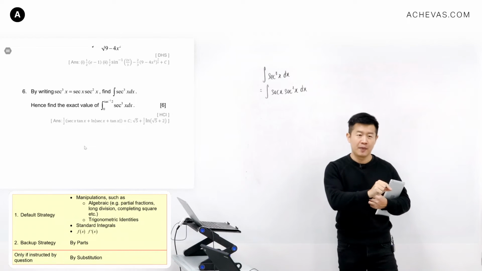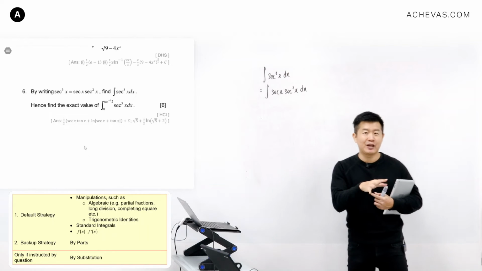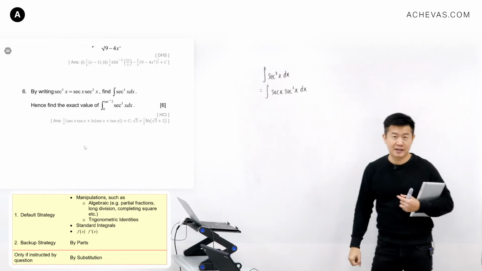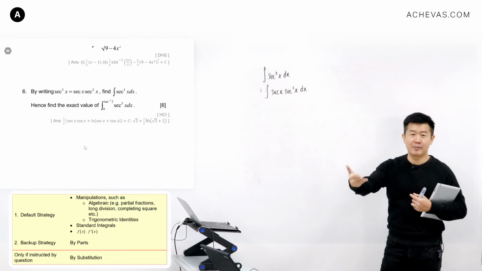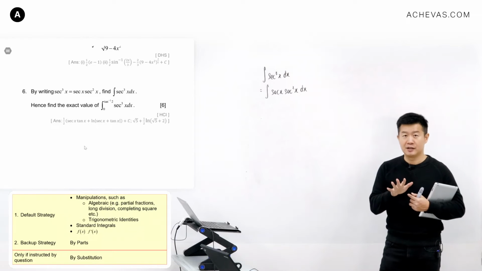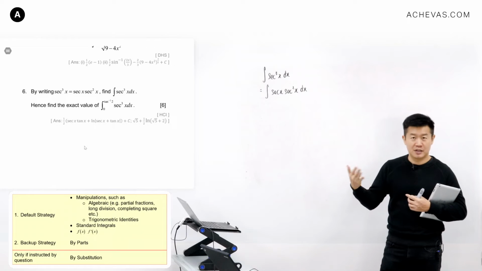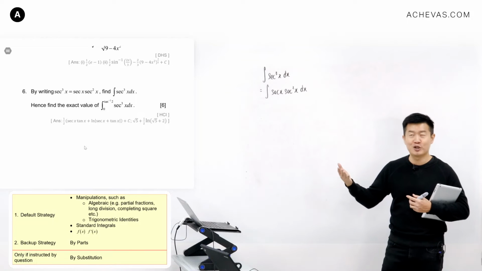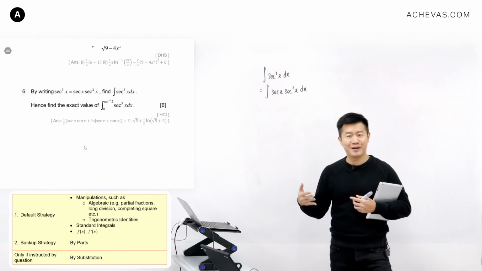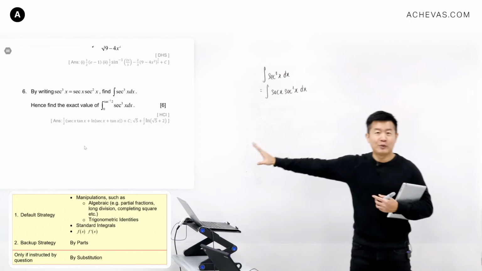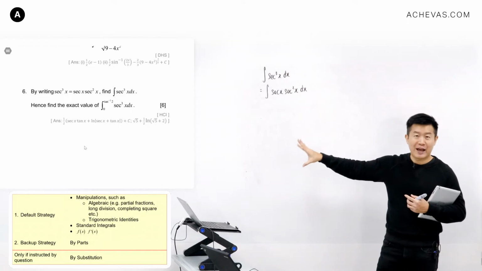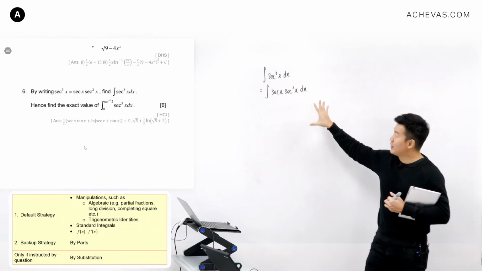But even after re-expressing this into 1 plus tangent square, I failed to finish up my integration. And that is fine, because that is part and parcel of a typically more challenging integration question, which requires us to do all those trial and errors. So if our default strategy fails, we do have a backup strategy.